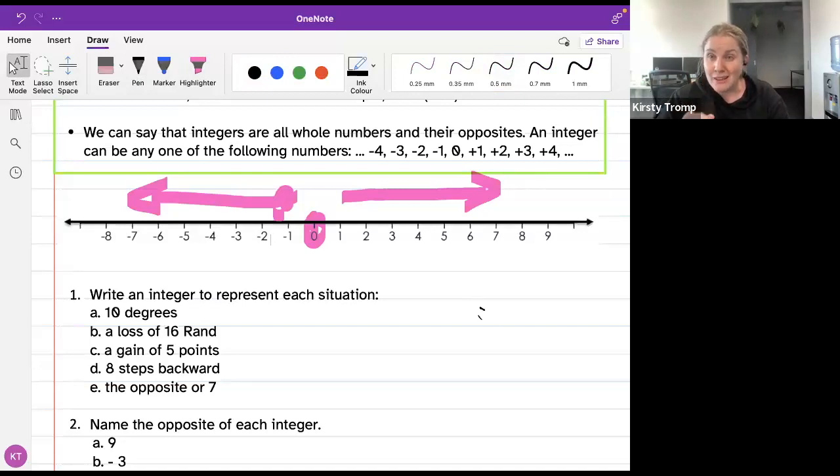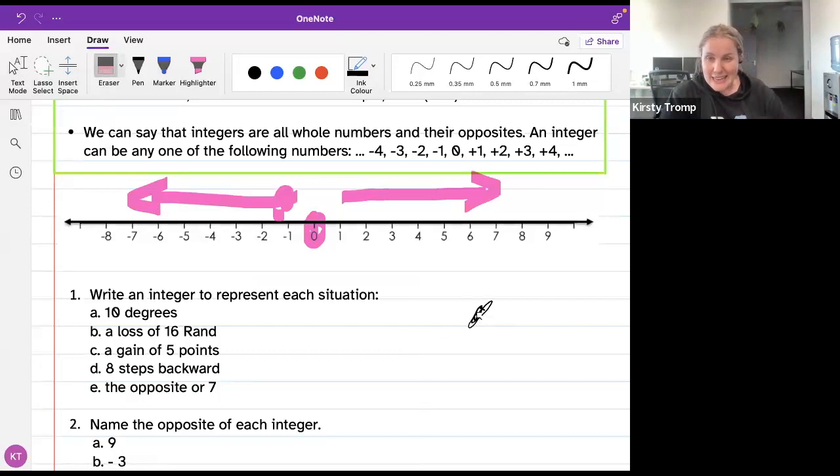Integers can be negative numbers, 0, or positive numbers. Just because they say the word integer does not mean that it's only negative numbers. So don't forget that, everybody.